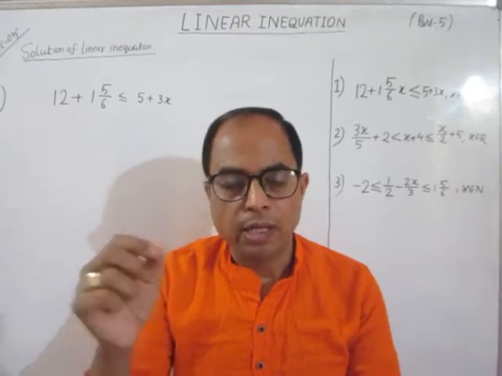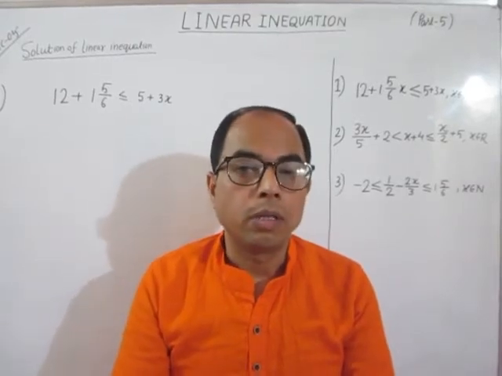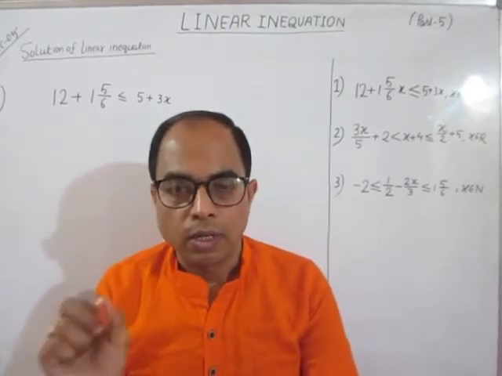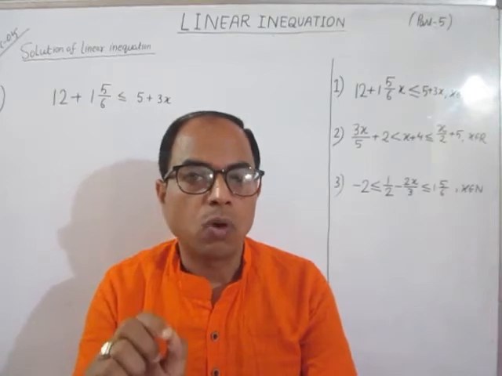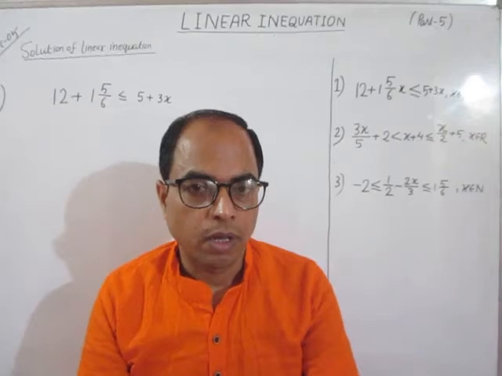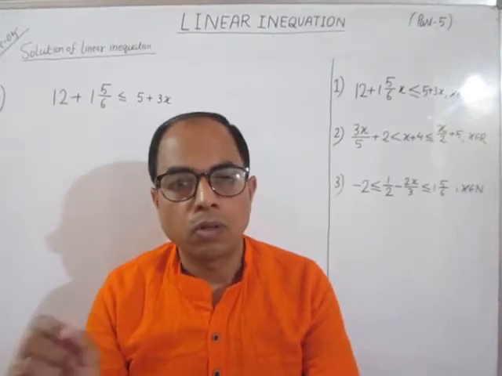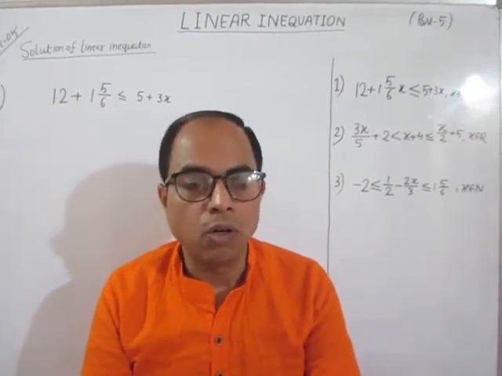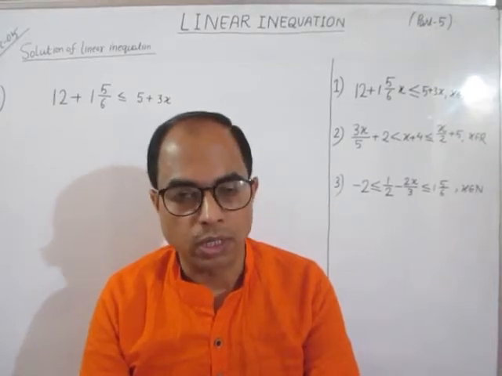After simplifying step 2, in the third step you have to remove the coefficient of x in the inequation. And after removing the coefficient of x, you will get the value of x, that will be the solution.